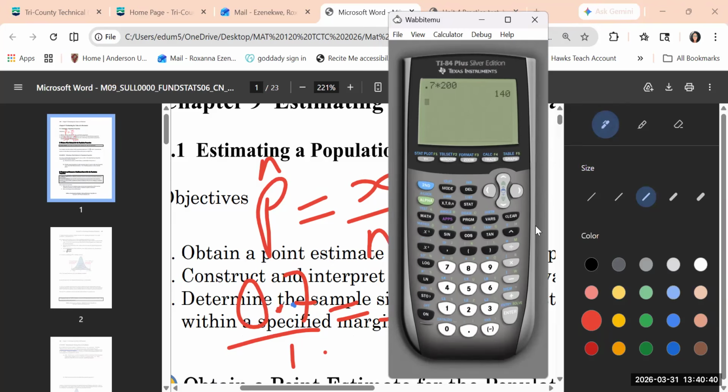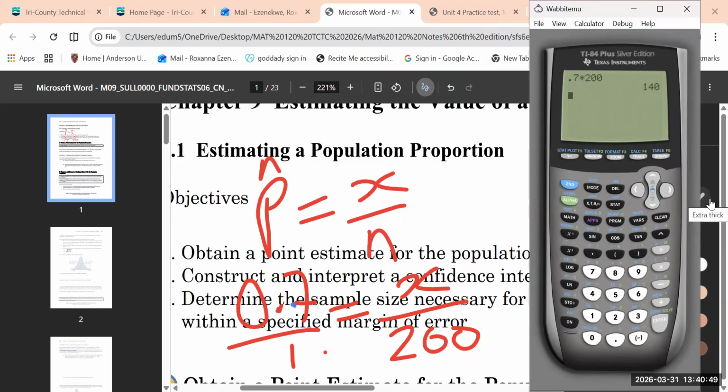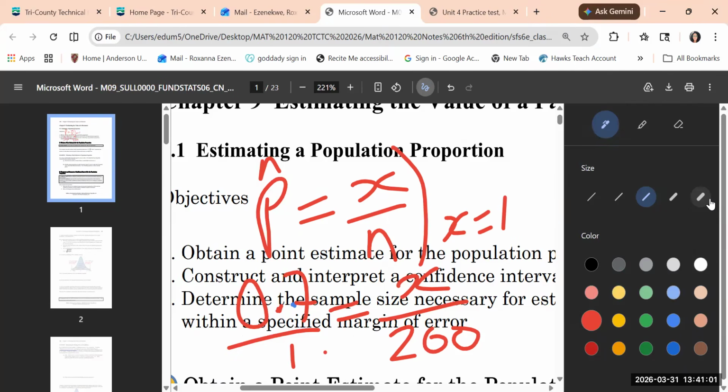All right. Therefore, since my calculator is asking me for X, that's why I solved this. It's asking me, what is 70% of 200? That's just what I found, and that is 140. So X is equal to 140.